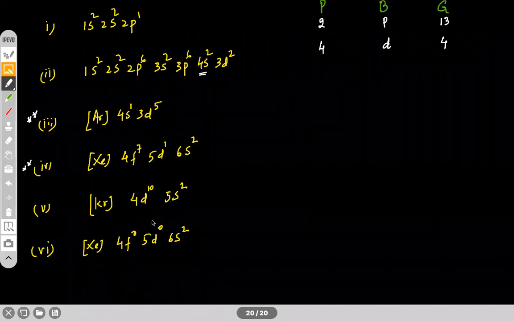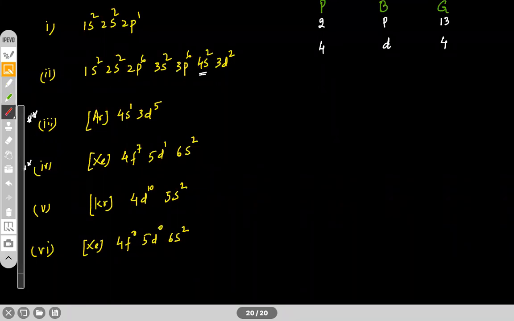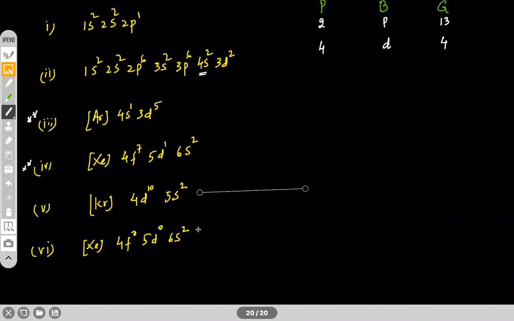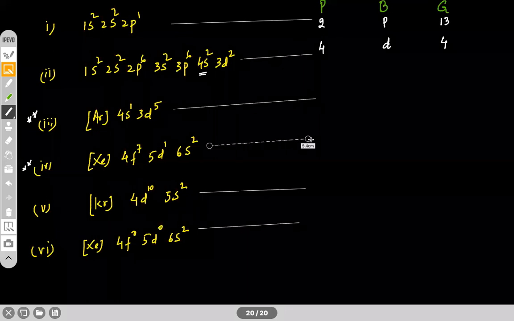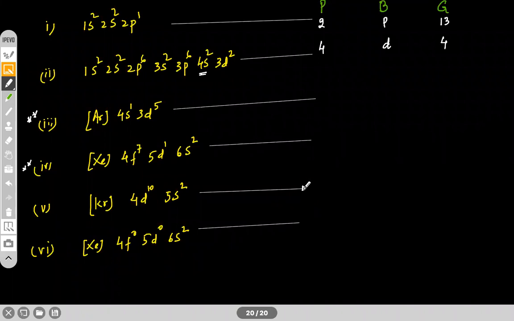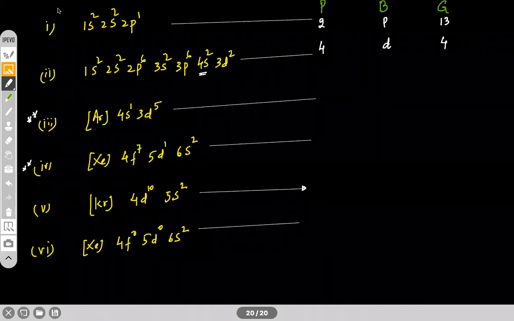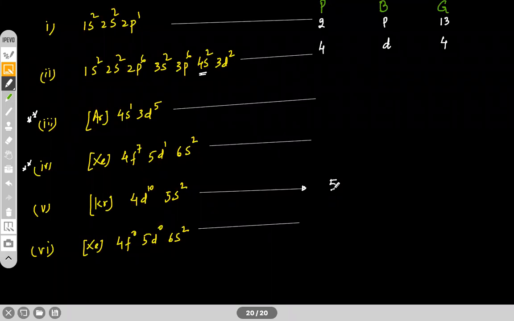5s2, 4d10. What is the period here? The period for this one is 5, the 5th period. What is the block?